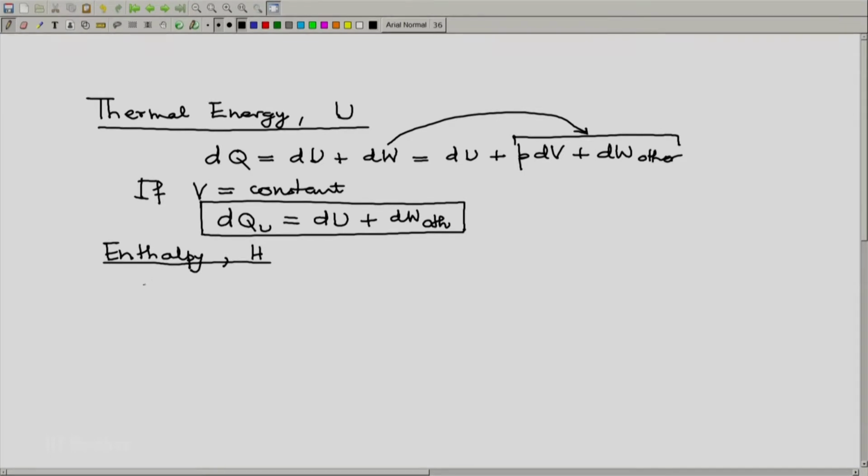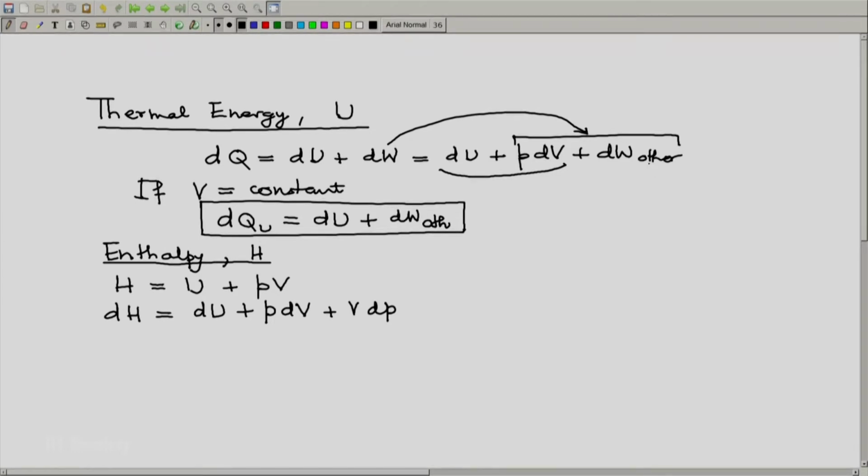We have H equal to U plus PV. Let us expand it. The differential of H, dH, is dU plus PdV plus VdP. Now notice that from the earlier expression, dU plus PdV is dQ minus dW other.